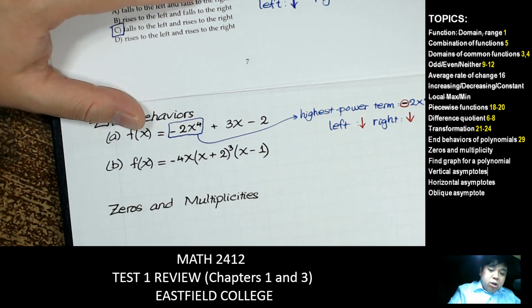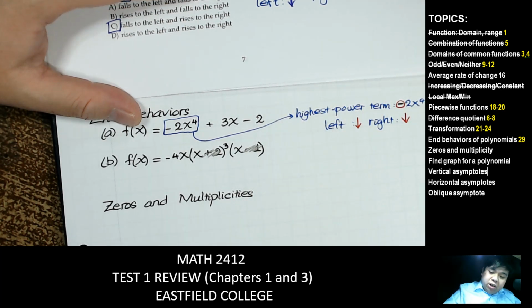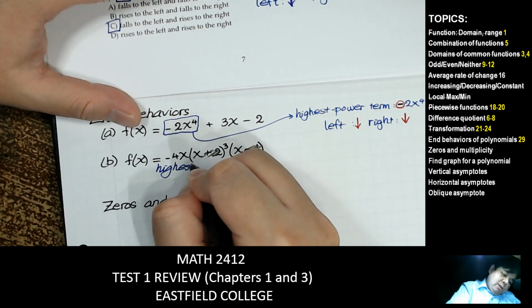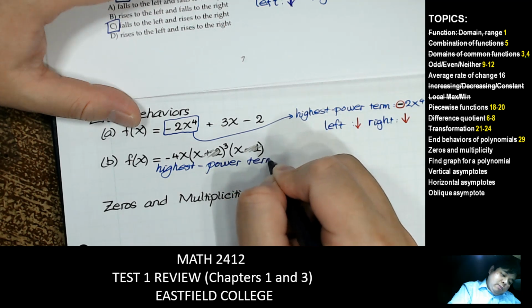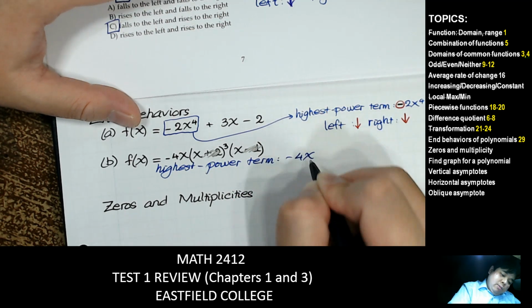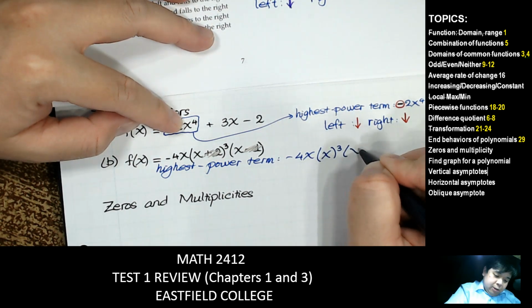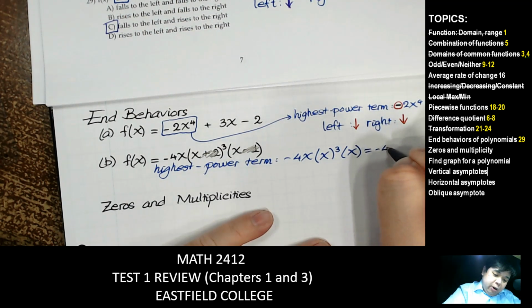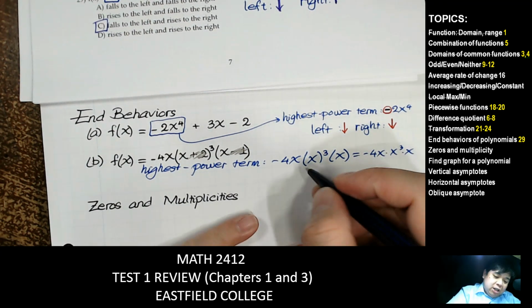Right, if we have something like this, still do the same thing. Just take the highest power term. So we have negative 4x times x cubed times x, x times x squared times x cubed is x to the 5th.